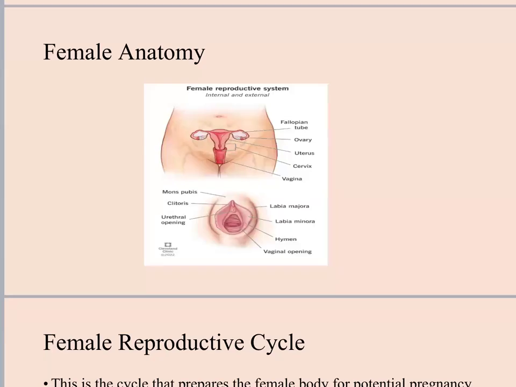And then we have our external parts, labia majora and labia minora, that's all protective. The clitoris for sexual pleasure. There's a lot of nerve endings there. We have the urethral opening, which you'll see again in level 3 when we learn how to insert catheters. That's where we urinate from, and it can be tucked away.